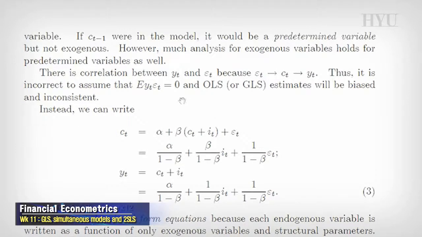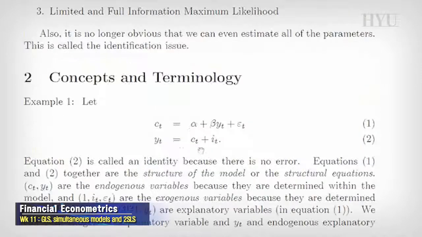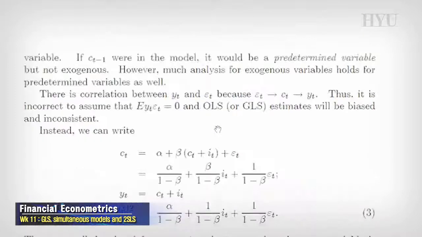On the other hand, instead we can plug C_t plus I_t into here. So C_t becomes like this, and by solving this, we can express C_t like this. Once we get C_t, we can plug it over here and express Y_t like this.